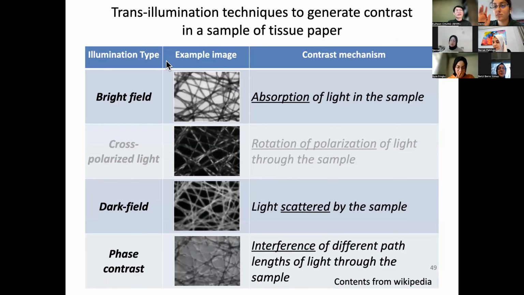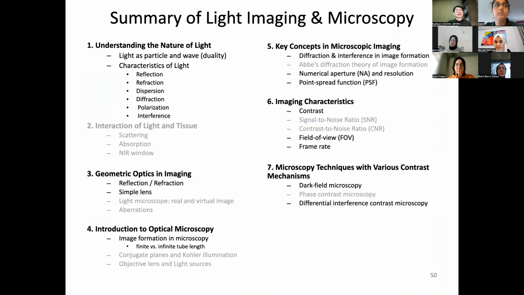I gave it here, but this is the summary. Summary of light imaging and microscopy. I explained, starting from the nature of light, the basics, and geometric optics, how we form an image. And I introduced optical microscopy, how imaging can be formed.